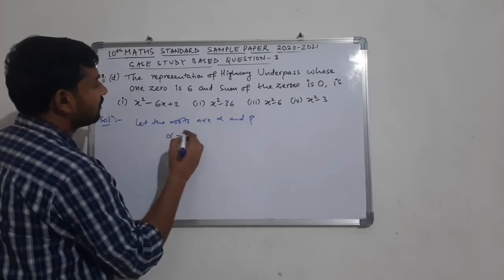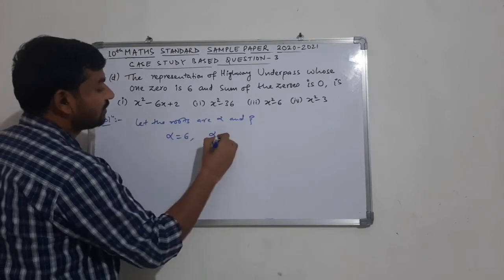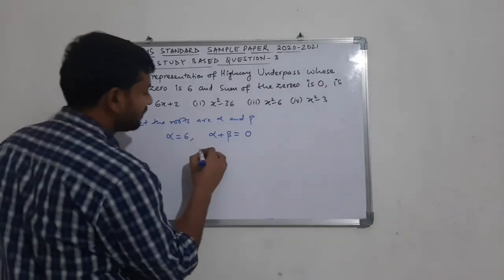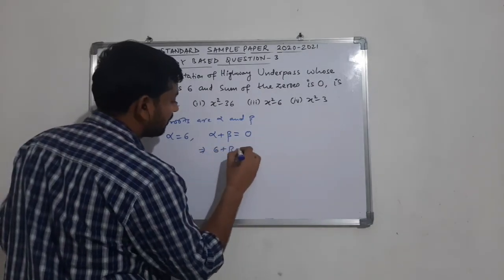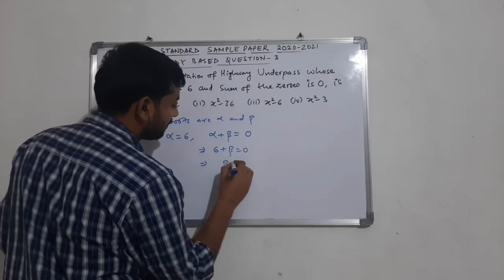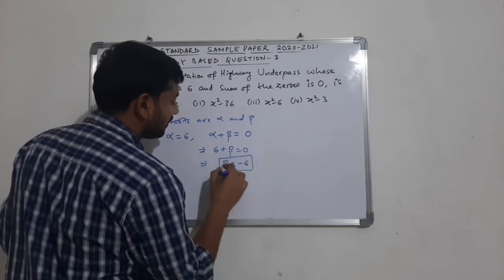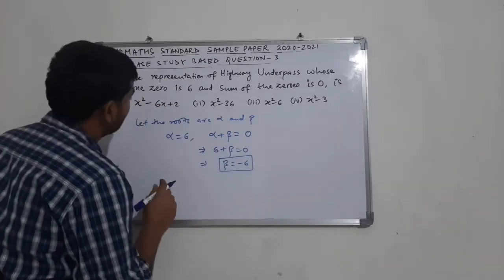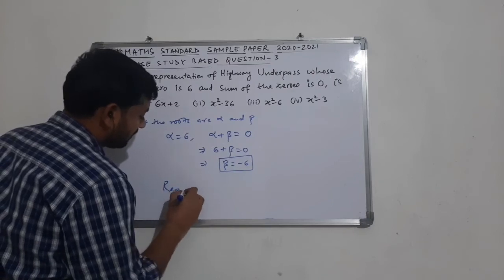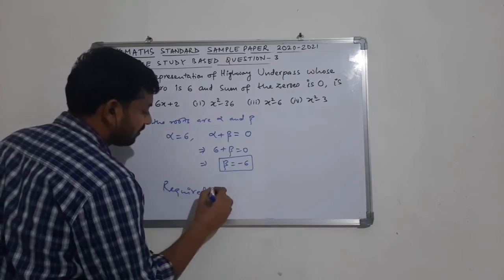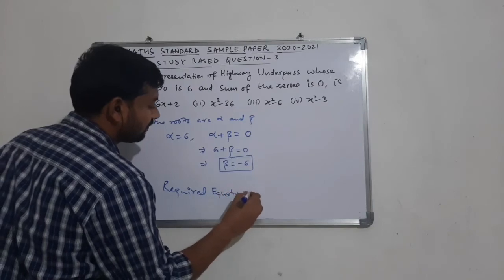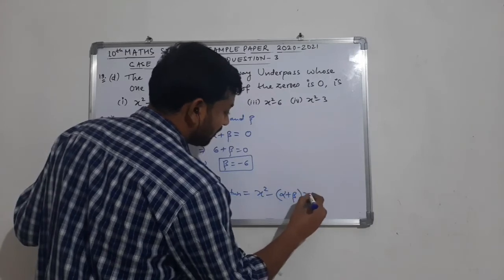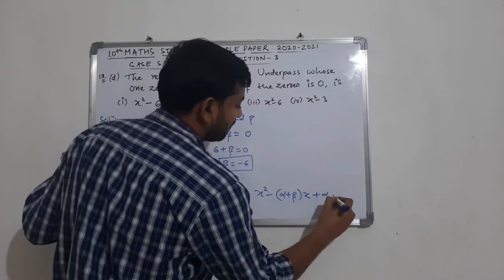Then we have the value of alpha as 6, and the sum of zeros, alpha plus beta, is given as 0. So from here, if we substitute the value, we get beta is equal to minus 6. The required equation which will represent the underpass will be x square minus (alpha plus beta) x plus alpha beta.